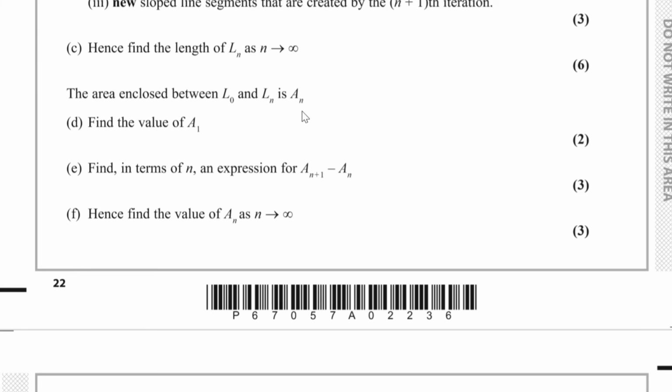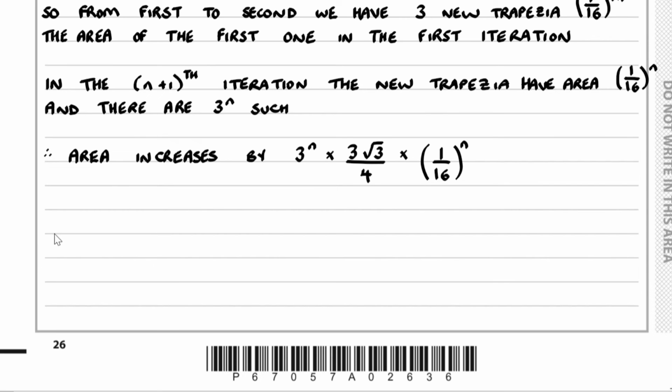Now for part f, hence find the value of an as n tends towards infinity. So for part f, we have a infinity, which is what we're finding. That's equal to a1 plus a2 plus a3 plus a4, and essentially we're going up to infinity, so we could continue on. Now a1, we already know what that area is. That's equal to 3√3/4.